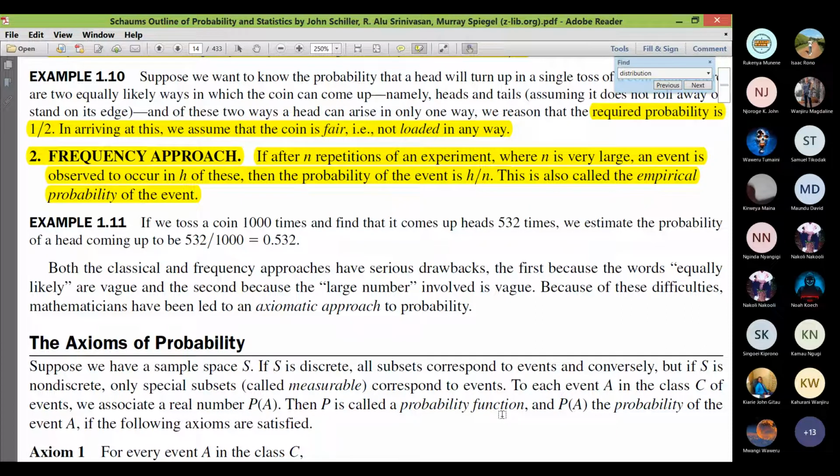The problem with this is that if you repeat the same experiment, you will not again get 532 times for the head. You may even find that now it is the tails which has 532 times instead of the heads. So both the classical and frequency approaches have serious drawbacks or disadvantages. The first one, the classical, is because it assumes that everything is equally likely.